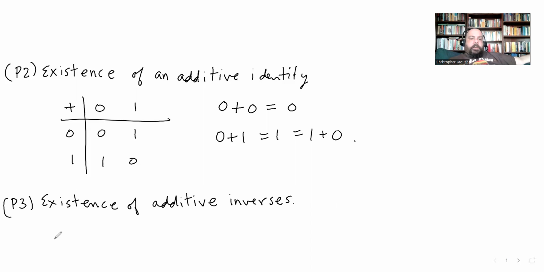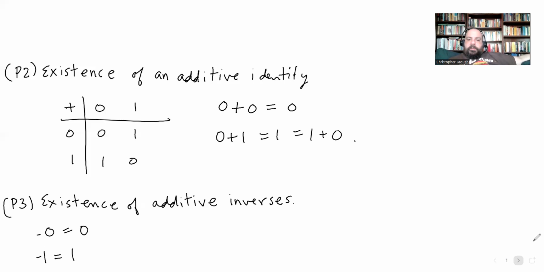Here you can see the additive inverse of 0 is 0, and the additive inverse of 1 is itself. So the elements are their own inverses, right?